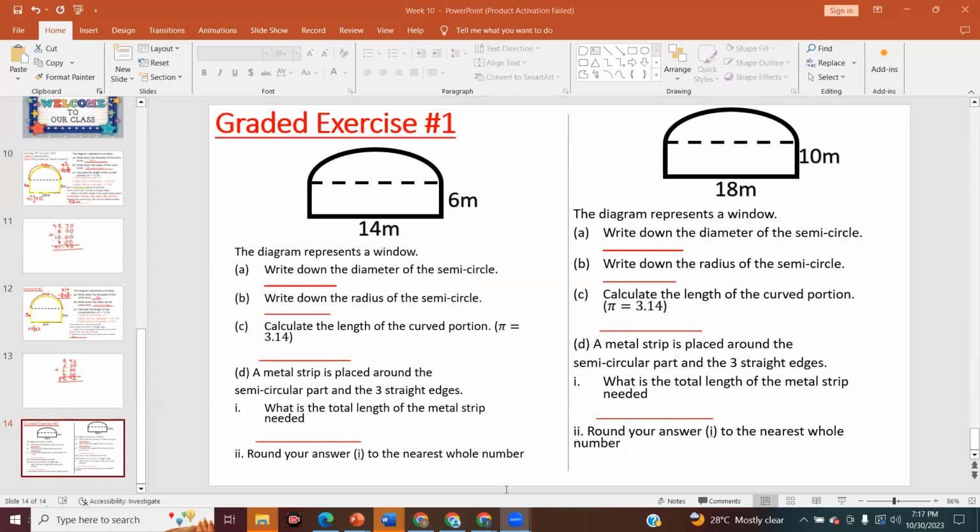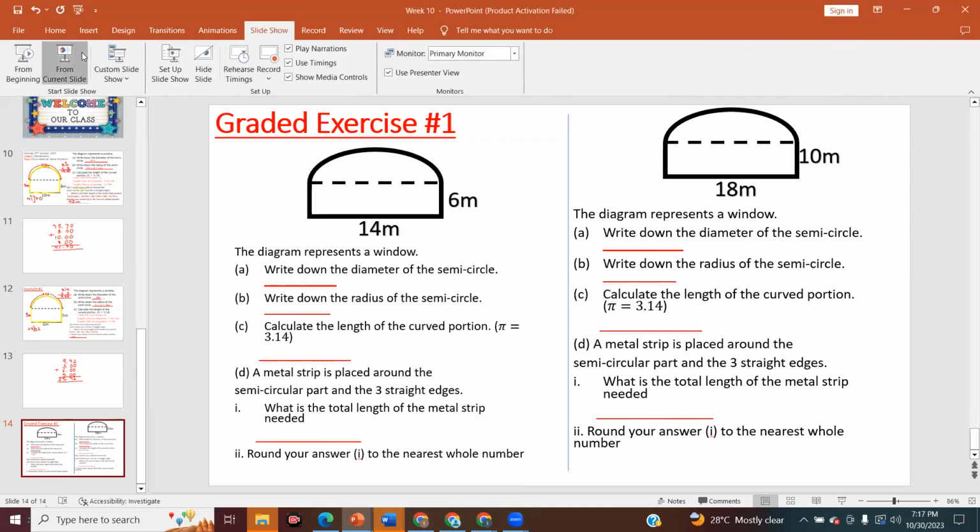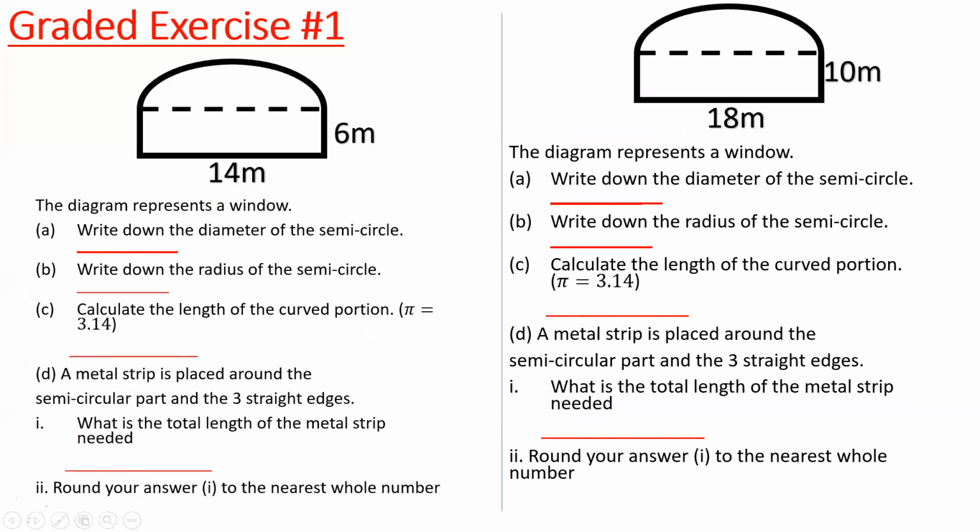Good. All right, so I think we're good. So we have to write down the diameter of the semicircle, the radius, calculate the length of the metal strip, and the other questions. Let's call this number one. Excuse me, Mr. G. Go ahead. You sent the same screenshot twice.